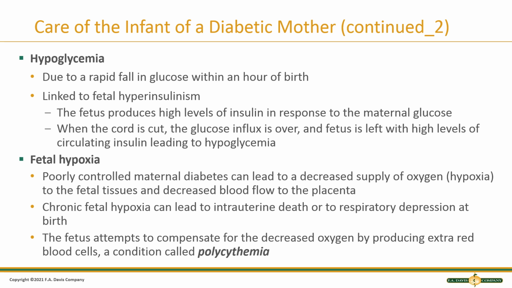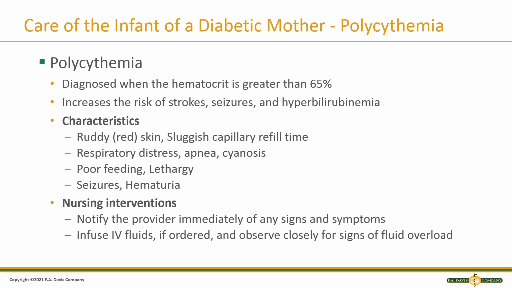The fetus attempts to compensate for the decreased oxygen. It produces extra blood cells during that case and causes it to have polycythemia. The polycythemia is when the hematocrit is greater than 65%. It increases the risk of stroke, seizures, and hyperbilirubinemia.